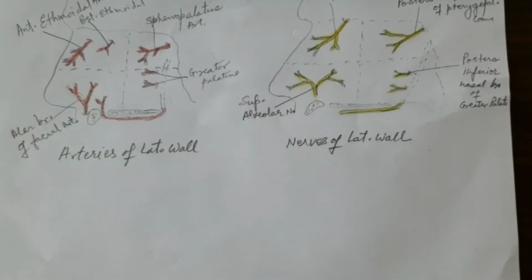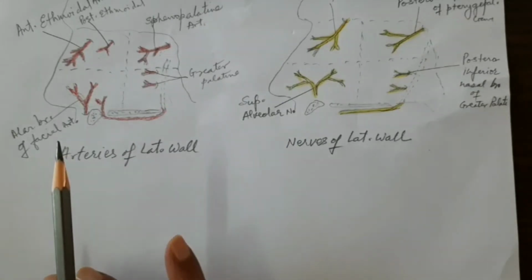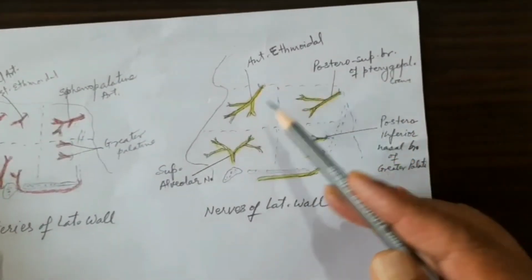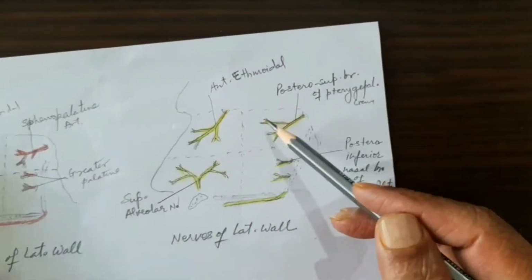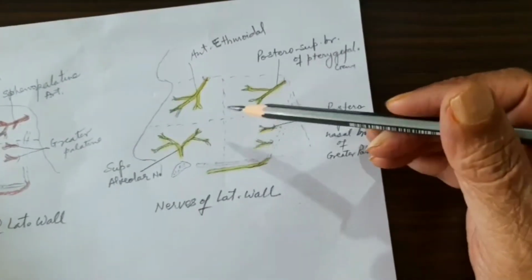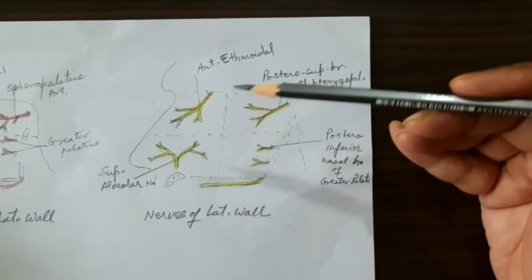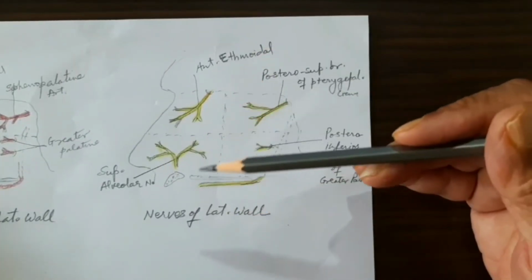Let us come to the nerve supply here. In the nerve supply, there are many nerves supplying this area, of various types. There are the somatosensory nerves for pain, touch and temperature, or general sensation, as you can call it.